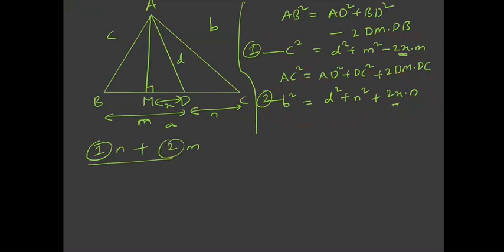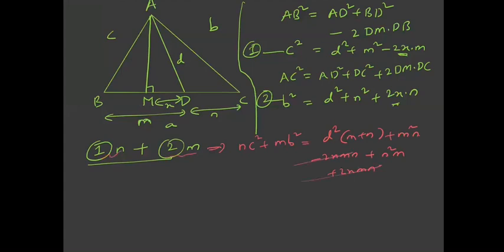So multiplying equation 1 with N plus multiplying equation 2 with M. So this will give me N times C square plus M times B square is equal to D square times of M plus N, right? Plus M square N minus 2xMn plus N square M plus 2xMn. So I've just written the values by multiplying first equation with N and second equation with M.